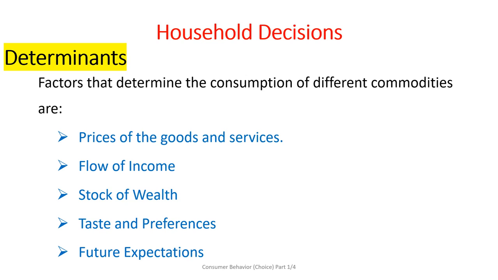However, for the rest of the lecture, we shall take the prices of the goods, the flow of income, the stock of wealth, and the future expectations as given, and we shall mainly talk about taste and preferences.